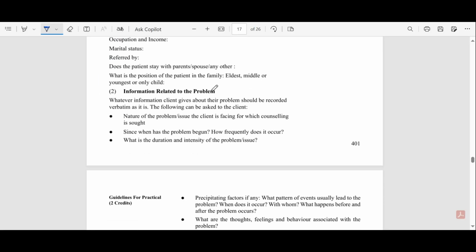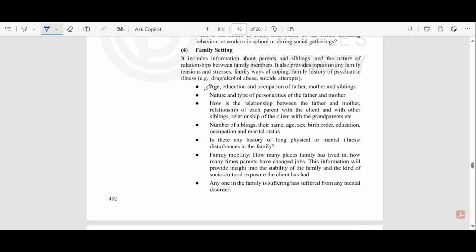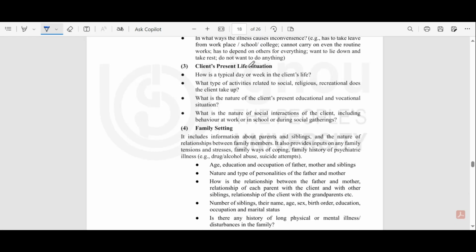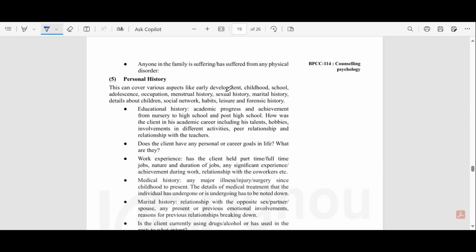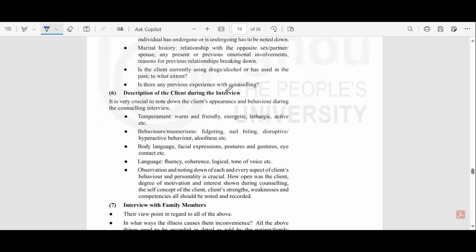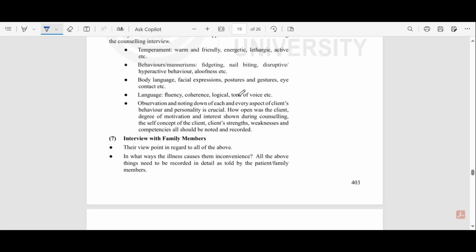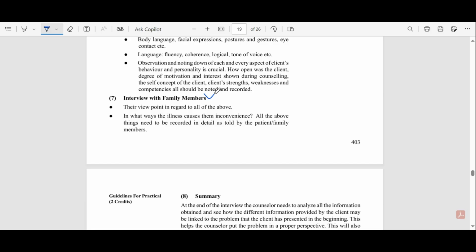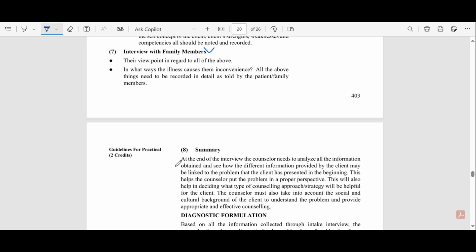Identification data, information related to the problem, and family setting, client's present life situation, personal history, and description of client during the interview, right? This can be skipped if it is not a family counseling, right? And then at last summary of the interview.